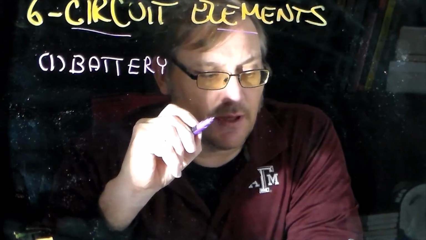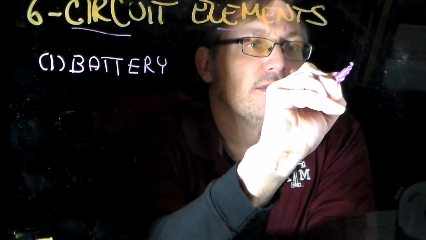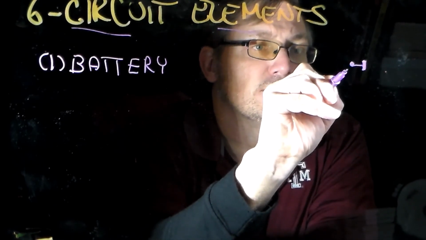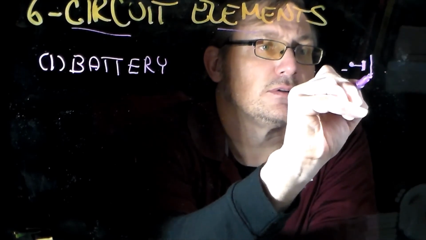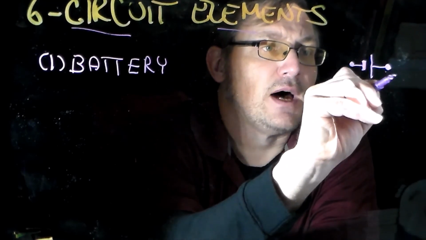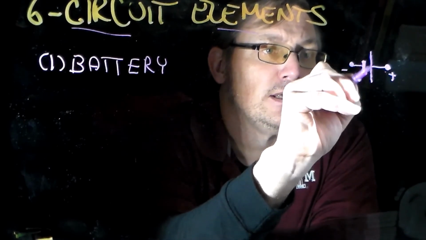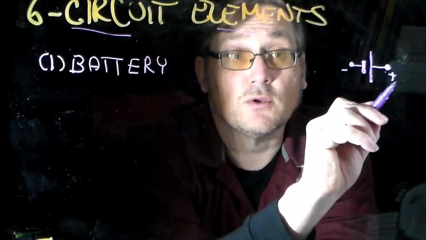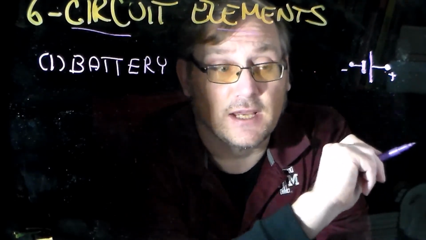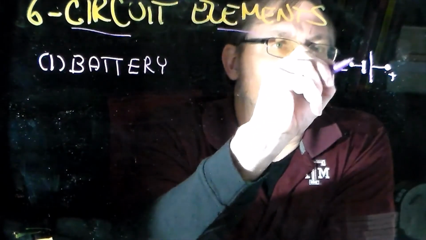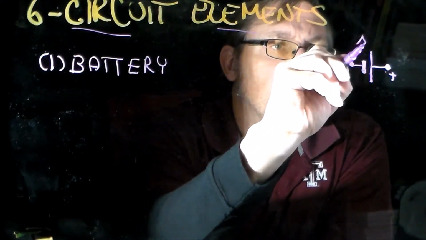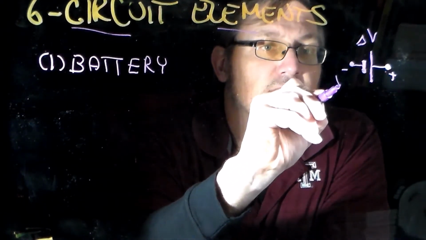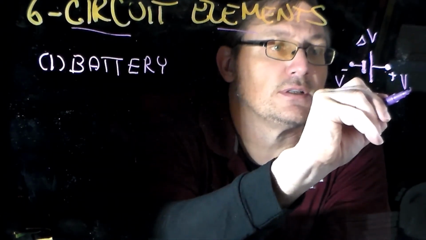The battery, which we're going to draw like this. It's a circuit element, so this is the negative terminal. This is the positive terminal. So when you look at a battery, this long bit, rather than the short bit, is always going to be the positive side. And your battery is going to give a little bit of electromotive force, like we talked about last time, delta V, which means that the voltage on this side is going to be less than the voltage on this side.